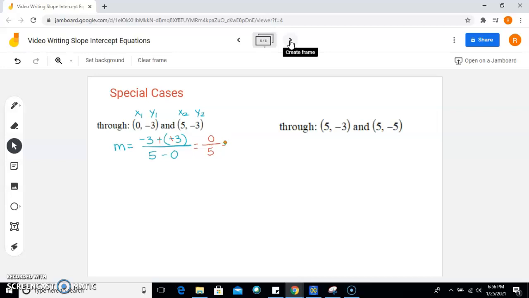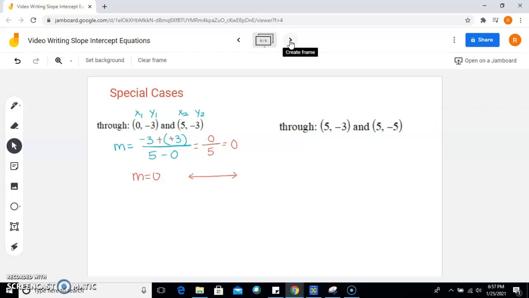Anytime 0 is on top of your fraction, your answer is 0. So my slope is 0, which, if you recall, we said a line that has a 0 slope is a horizontal line. Horizontal lines pass through the y-axis.